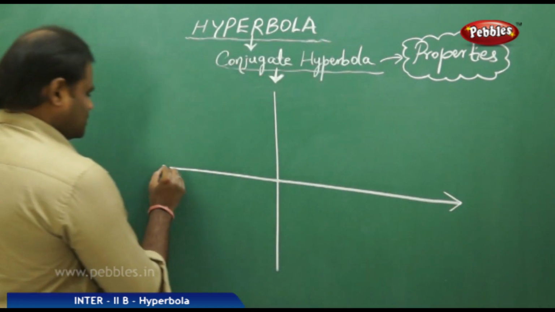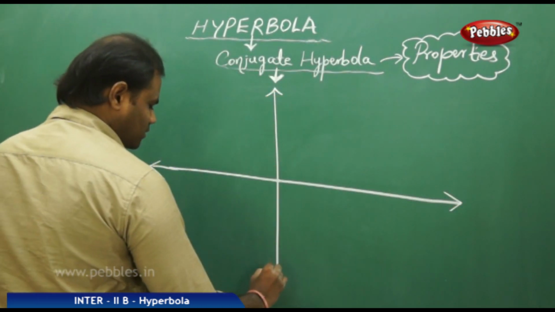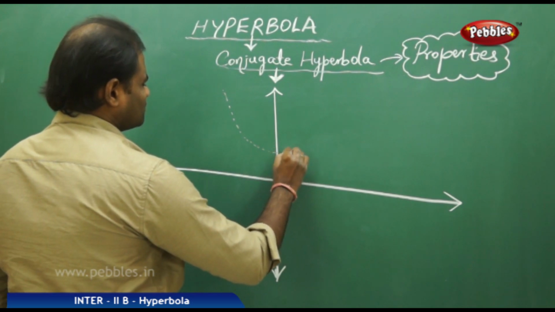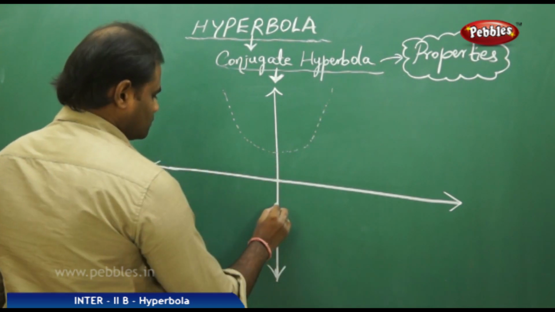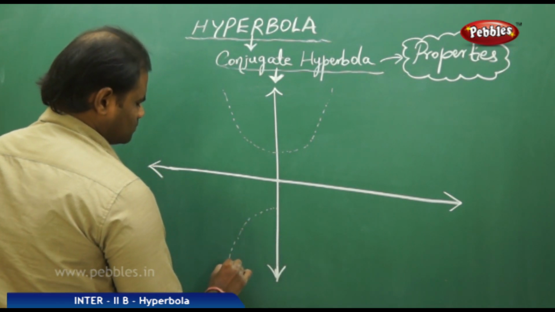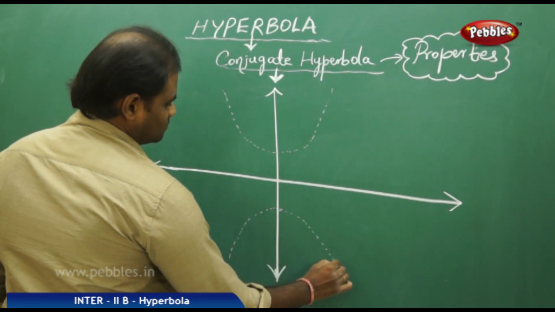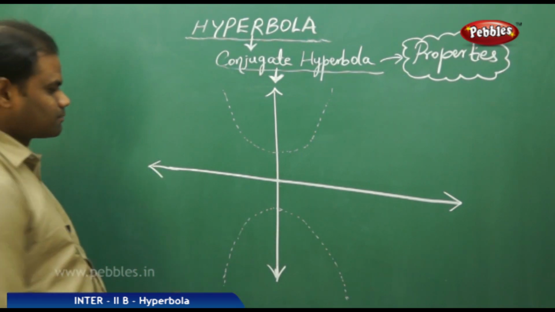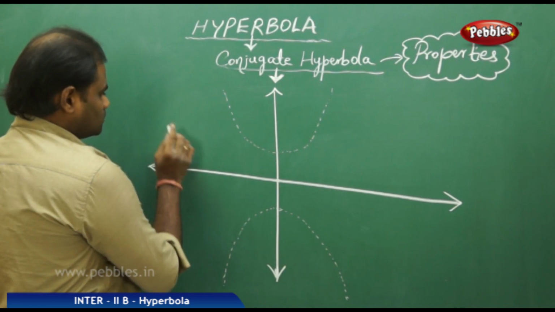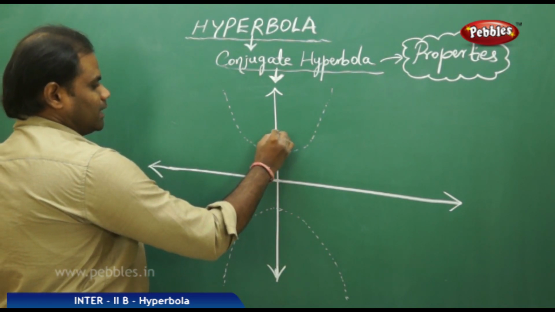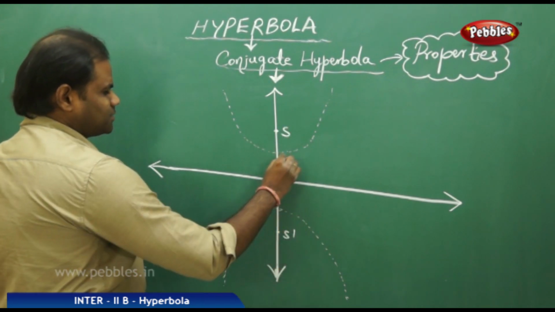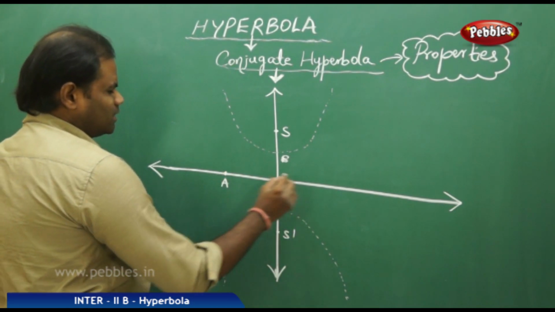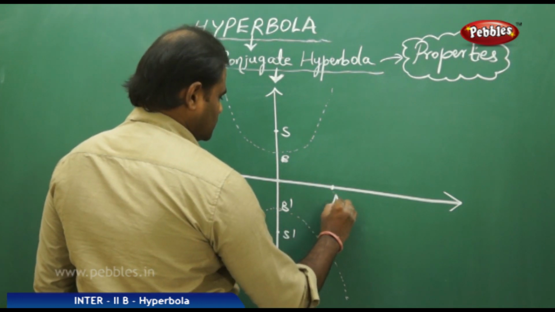So as we take the hyperbola in standard form connected with the conjugate, the conjugate hyperbola has the foci S and S dash and B dash, and of course A and A dash.